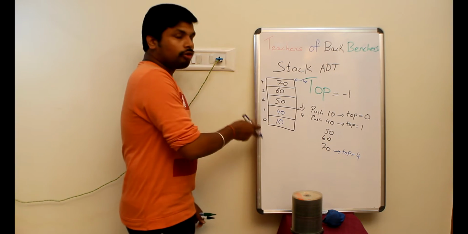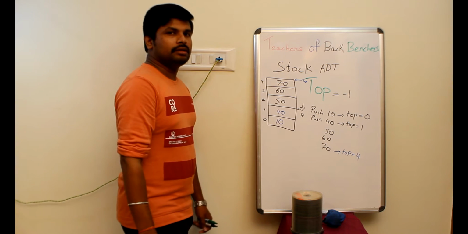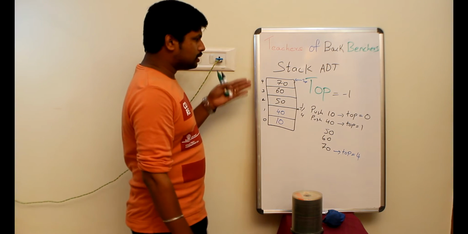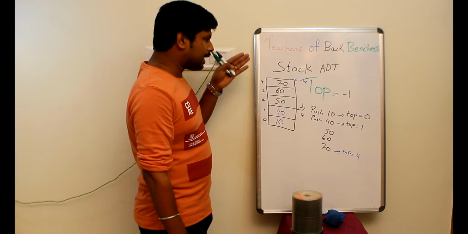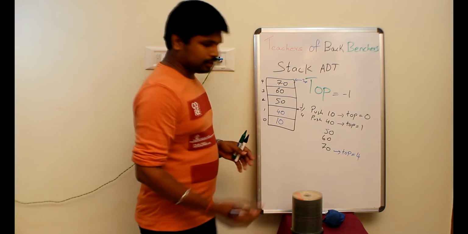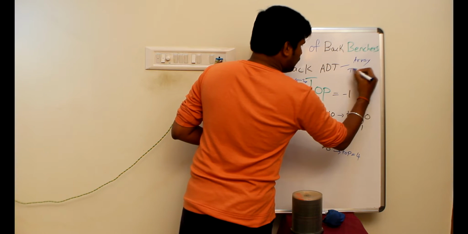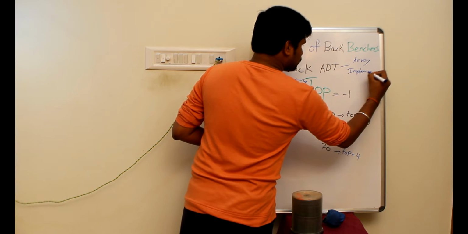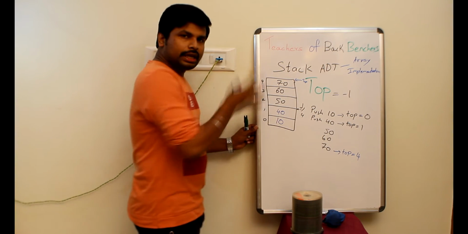So this is the process of push in the array implementation of stack ADT. Here we are seeing the concepts of stack ADT, where we can implement the stack ADT using an array implementation. So we are pushing an element so far.